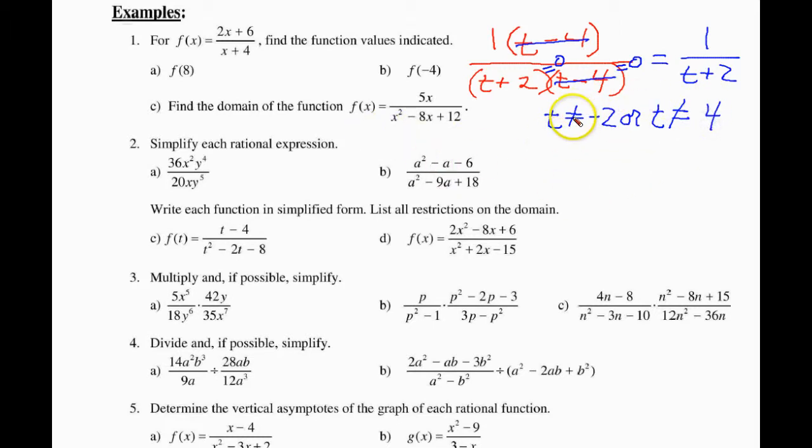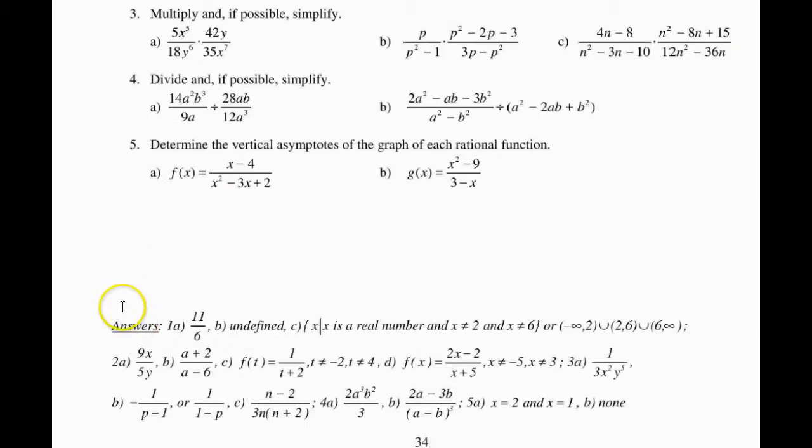These are your restrictions. Keep in mind we can check our answers down below, and that looks good so far, and this looks good. Now we didn't write it in interval notation, we just wrote it in set builder, but they are saying or, so that indicates we can use either one.